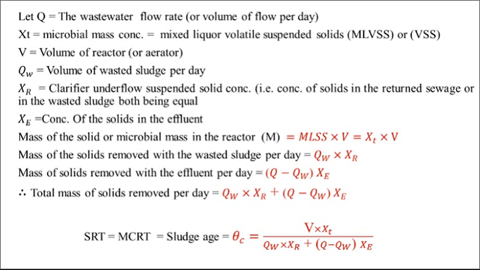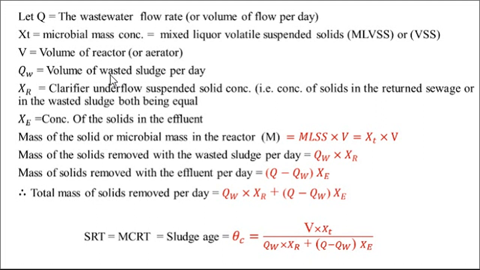Now the mass of solids or microbial mass in the reactor or aeration tank, M, is equal to MLSS into the volume of the aeration tank, equal to XT, MLSS, into volume V. Also, the mass of solids removed with the wasted sludge per day is equal to QW into XR.